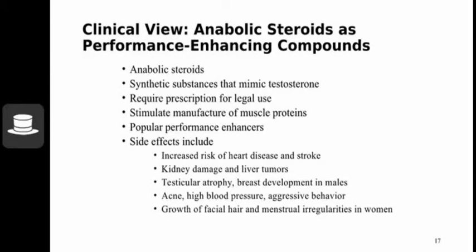They'll damage the kidney, they'll damage the liver, they'll cause the testes to shrink. You can even have breast development in males. Also some masculinization of females if they take steroids: growth of facial hair and menstrual irregularities. With homeostasis, it's really not a good idea to mess with a system that's already working.